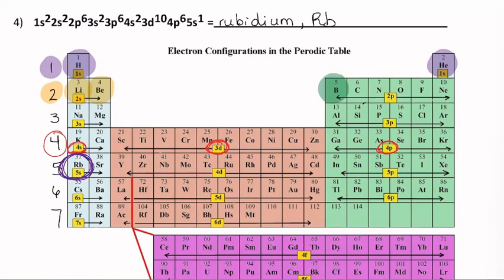Because all we did in this process of writing the electron configuration of rubidium, which as you can see has 37 electrons, is that we said, what are all the boxes that I need to count before I land in rubidium?